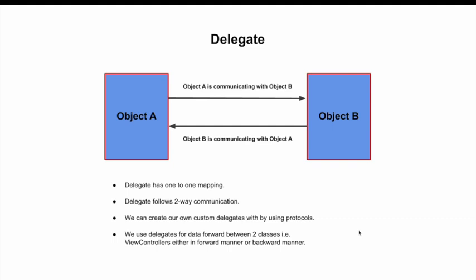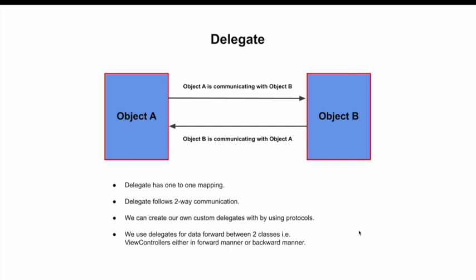Let's say object A is communicating with object B. In that scenario, object B is the listener, but in response, object B will be communicating back with object A. So this is called the delegate scenario.